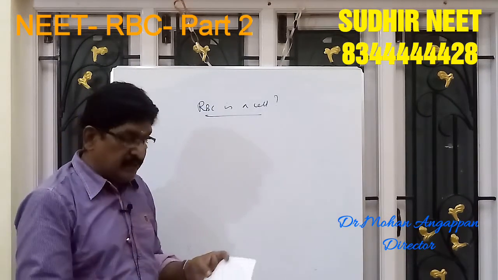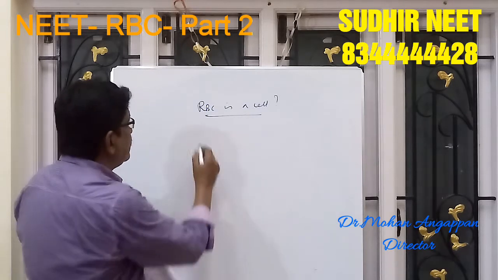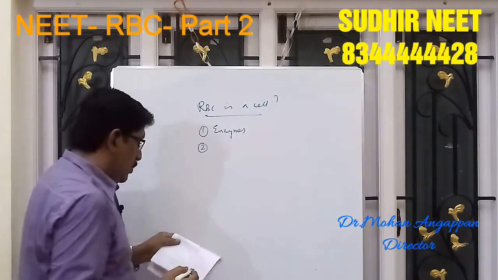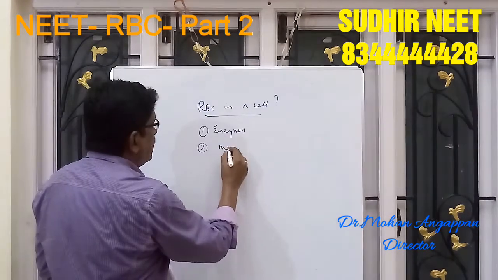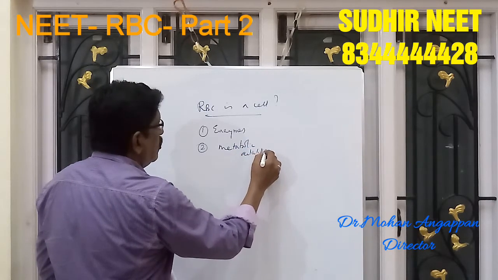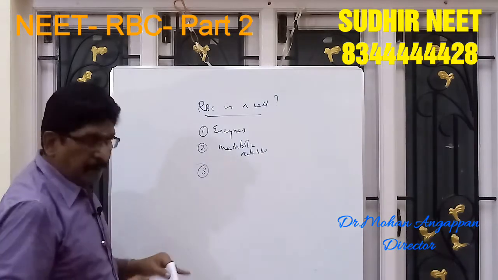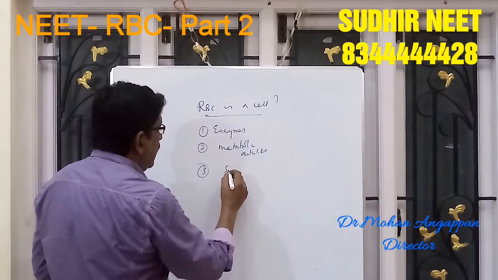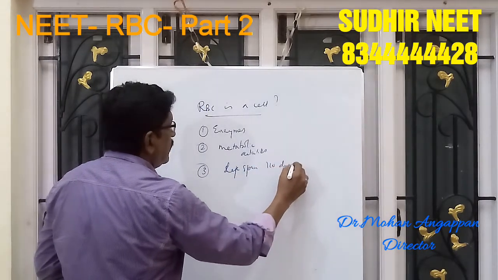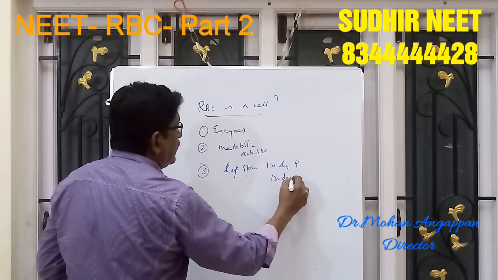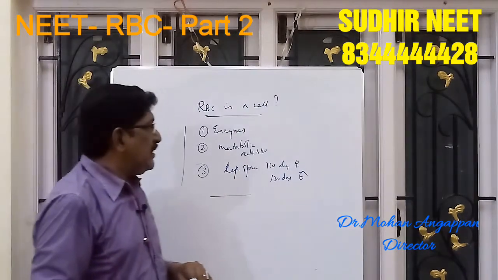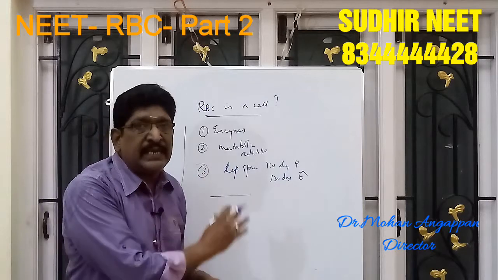Because of 3 reasons. Number 1, it contains enzymes. Number 2, it has metabolic activities, both anabolism and catabolism. And finally, it has a lifespan of 110 days in female and 120 days in male. So for these three reasons, even though RBC is non-nucleated, it is called a cell.